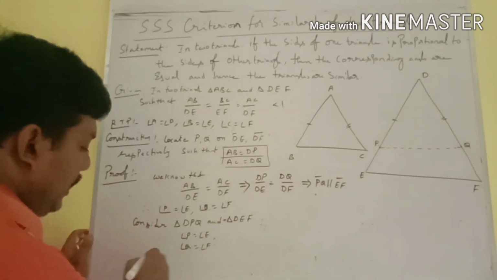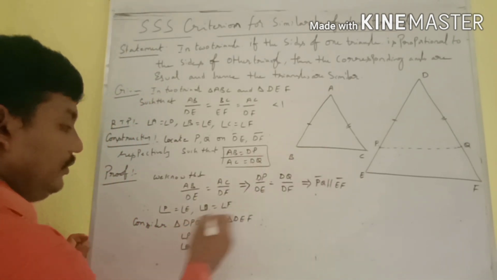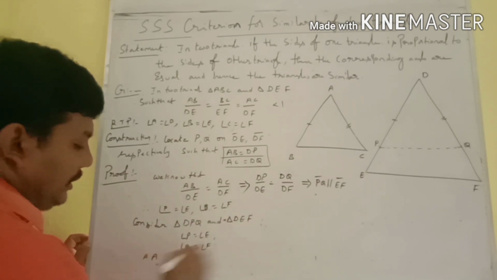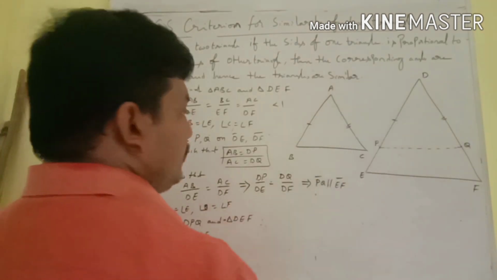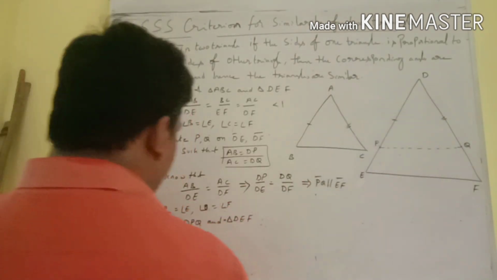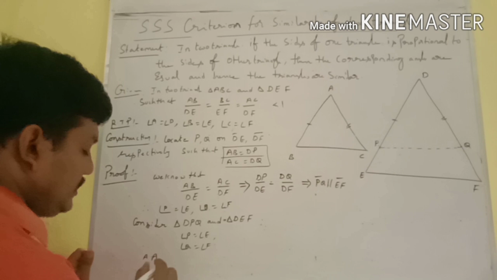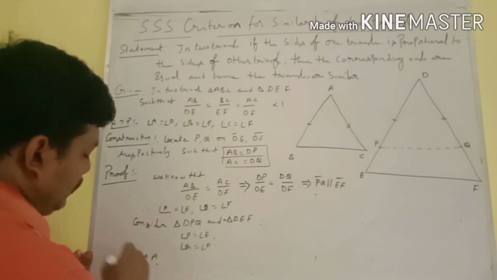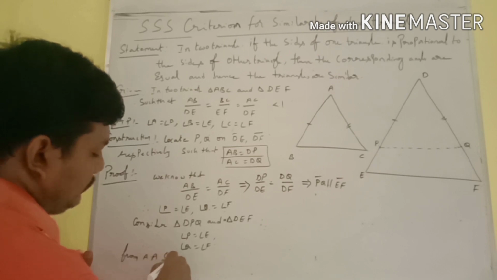When two angles are equal for these two triangles, by the angle similarity condition, these two triangles are similar. This is from the AA similarity rule.